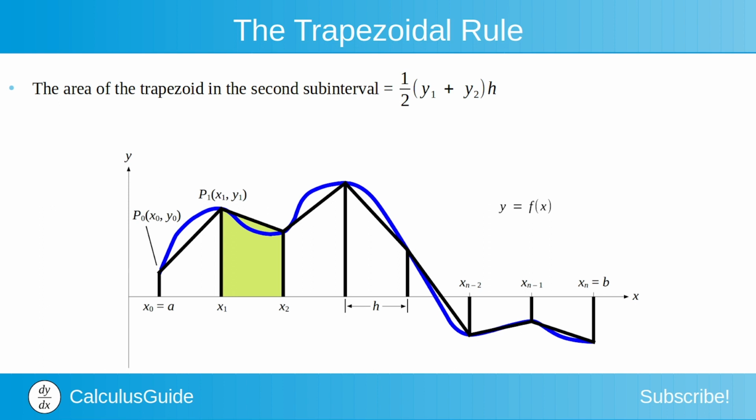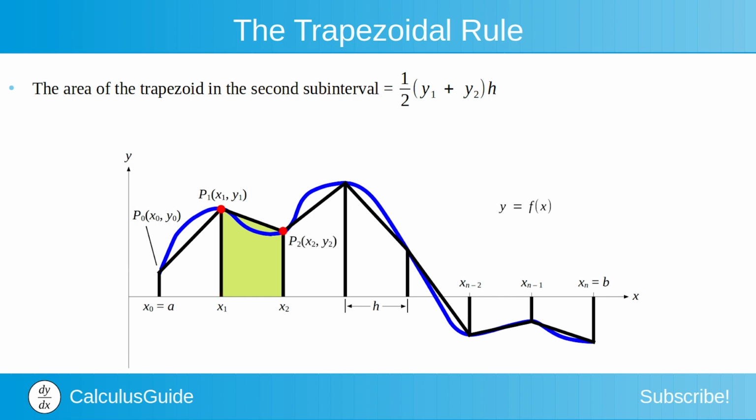The area of the trapezoid in the second subinterval is equal to a half multiplied by left bracket y1 plus y2 right bracket multiplied by h. The value y1 is the length of the line segment now highlighted.